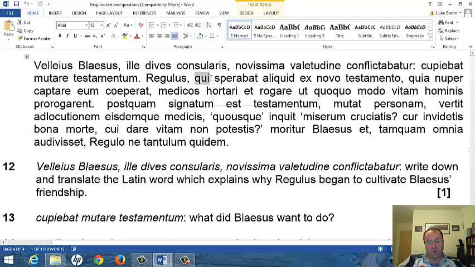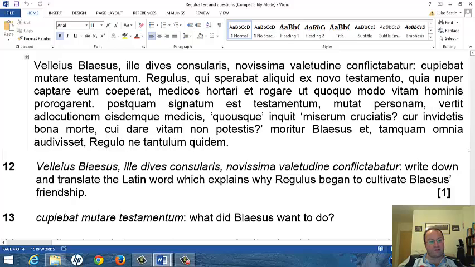So who, qui, sperabat, was hoping for aliquid, something. Ex novo testamento, from the new will. Since recently, coeperat, he had begun, pluperfect tense, he had begun captare eum, literally to influence him, to get close to him.